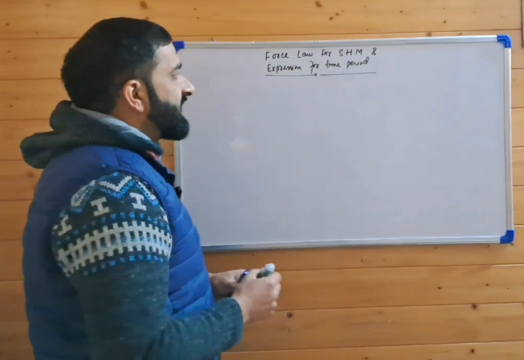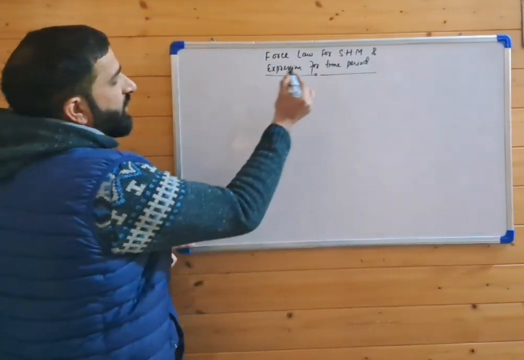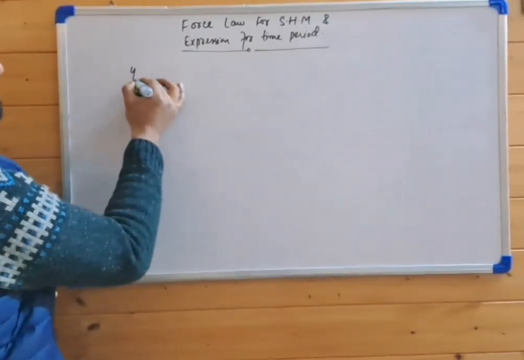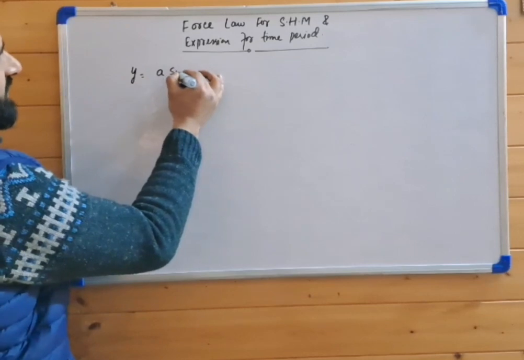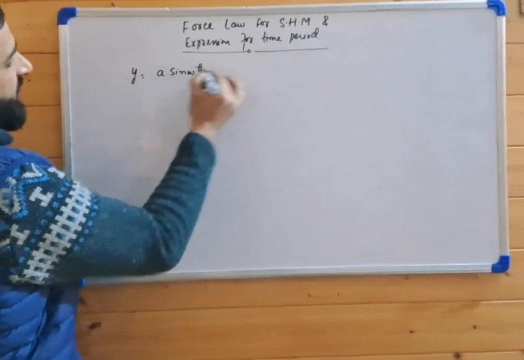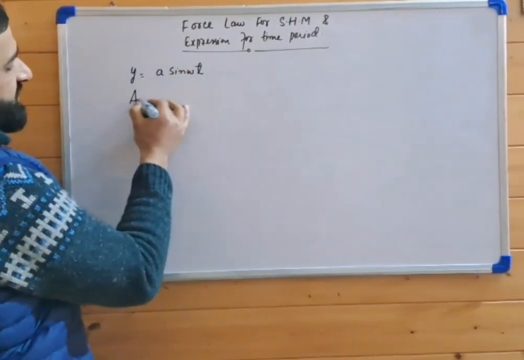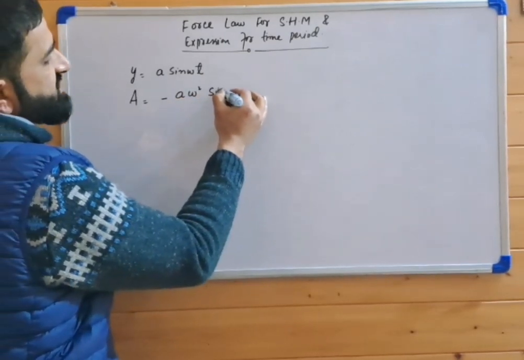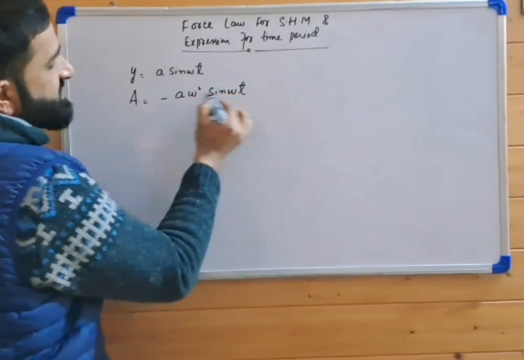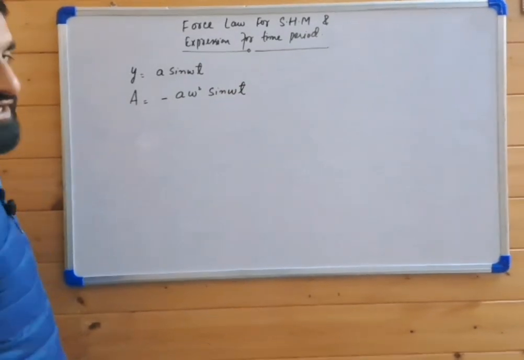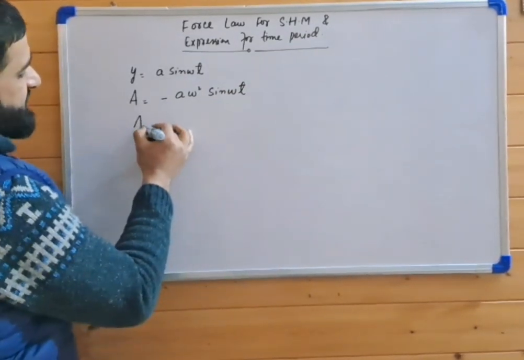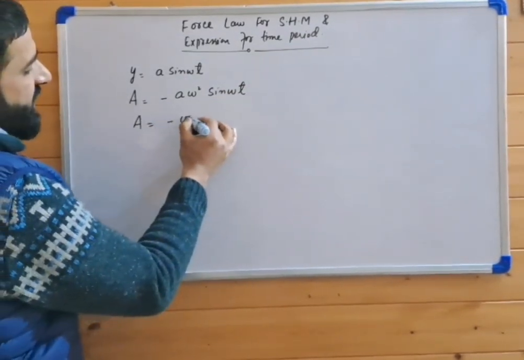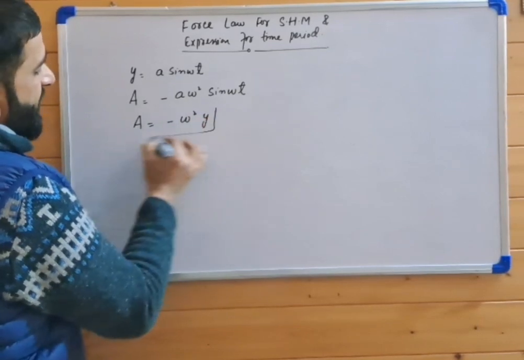We see that if the displacement of the simple harmonic motion is y, that is equal to a sine omega t, the acceleration is equal to minus a omega square sine omega t. As a sine omega t is equal to y, we can say that a is equal to minus omega square y.